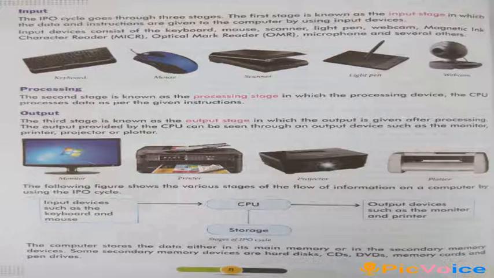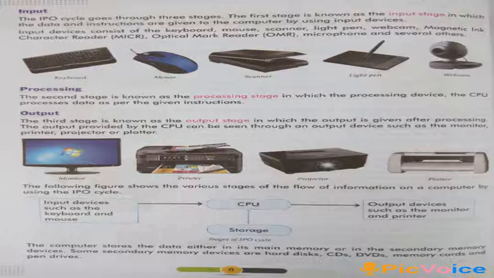The second stage is known as the processing stage, in which the processing device, the CPU, processes data as per the given instructions. Output. The third stage is known as the output stage, in which the output is given after processing. The output provided by the CPU can be seen through an output device such as the monitor, printer, projector, or plotter.